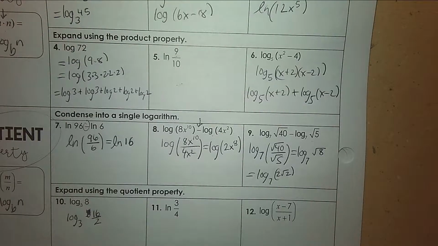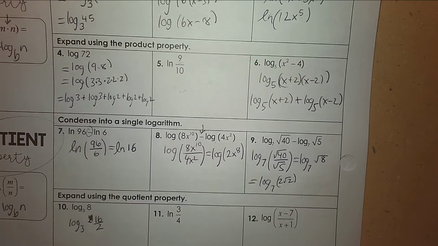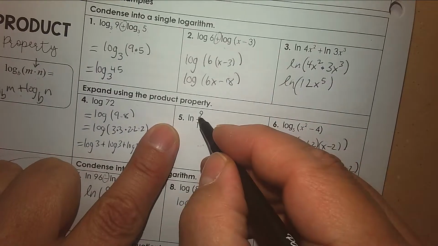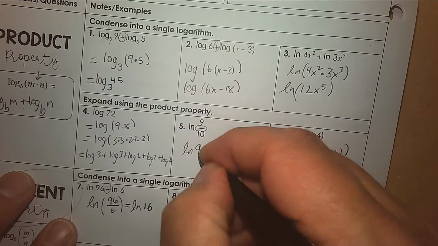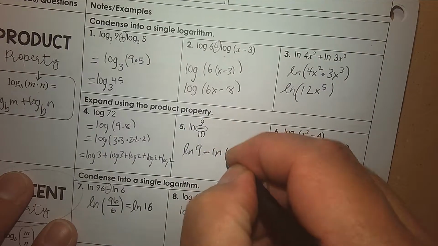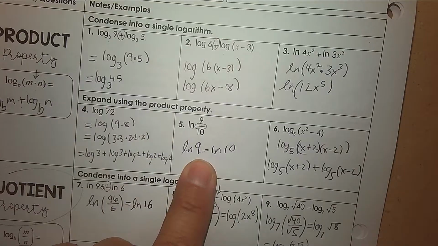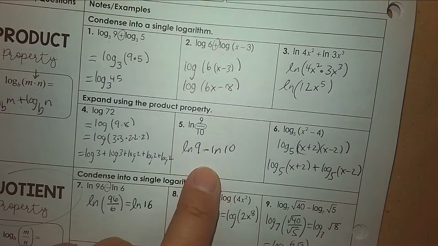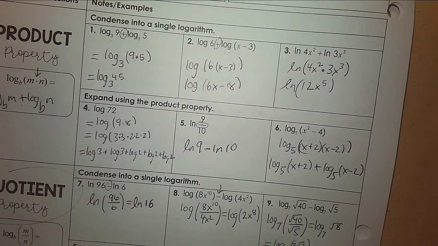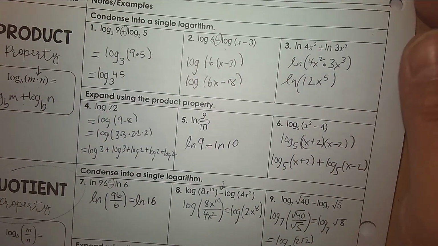How about the other direction? So I'm going to go back to number 5. Do you see the dividing sign? I can write that as 2 logarithms by doing what? When you divide, how can you expand it? Is by subtracting. So dividing and subtracting, multiplying and adding.